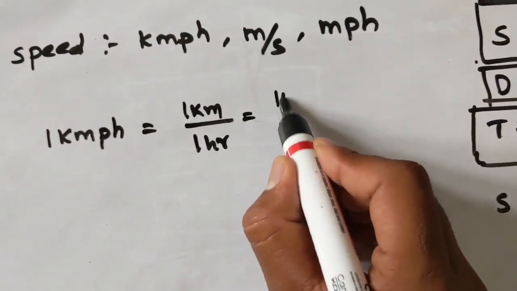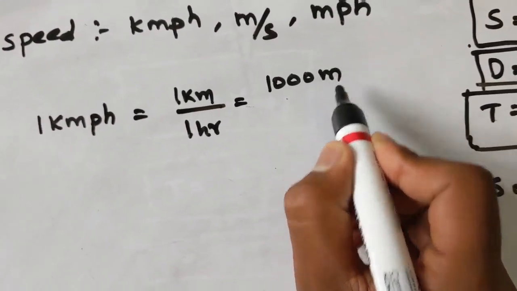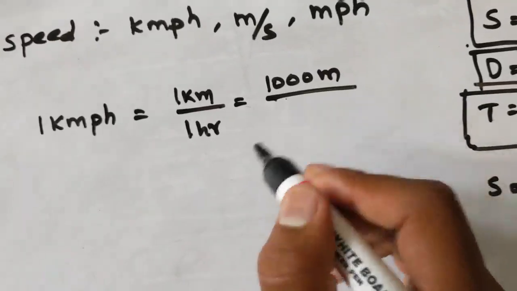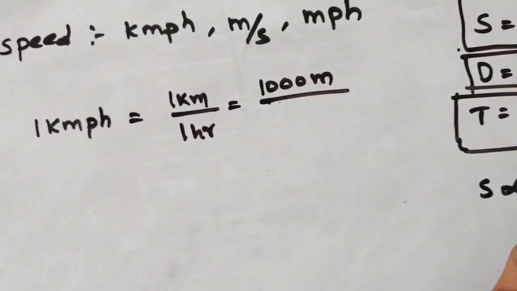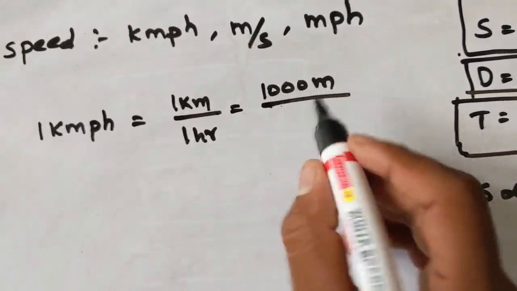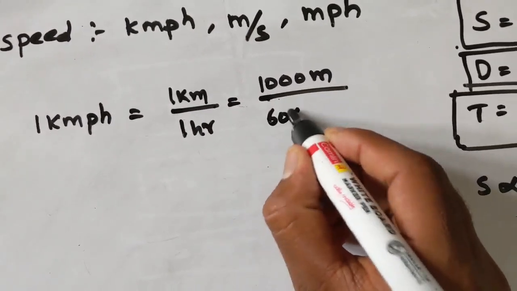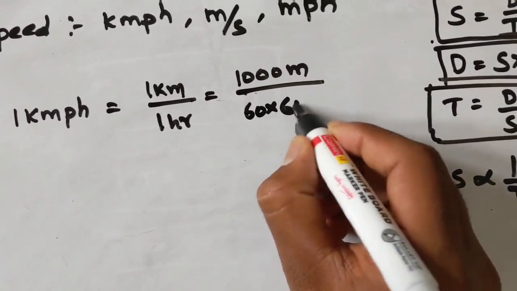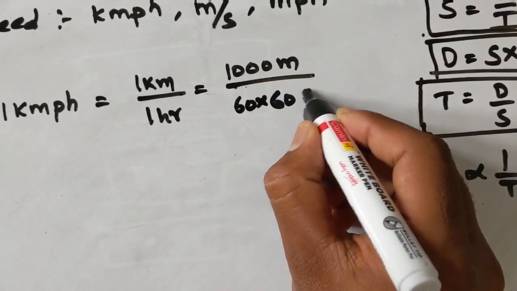1 kilometer means 1000 meters. I am converting 1 kilometer per hour into meters per second. 1 hour means 60 minutes, and each minute has 60 seconds, so 60 into 60 seconds.